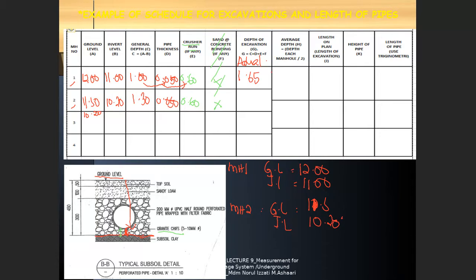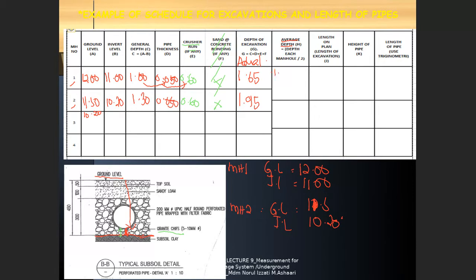Okay, let's do for the second one, 1.3 plus 0.05 plus 0.6. So this one is about 1.95. Okay, so what you need to do is, SMM require you to find the average depth, isn't it? Because this is what you have to write in the description. So how you want to get this one?